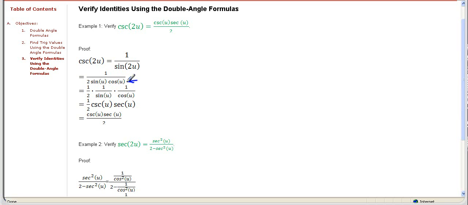Well, then we can split that fraction up to be really 1/2 times 1 over sine u times 1 over cosine u. Well, 1 over sine u is cosecant u, 1 over cosine u is secant u. So when we have 1/2 times cosecant times secant, we get exactly what we needed to show. So we're done with that one.